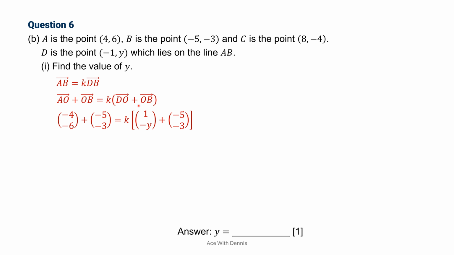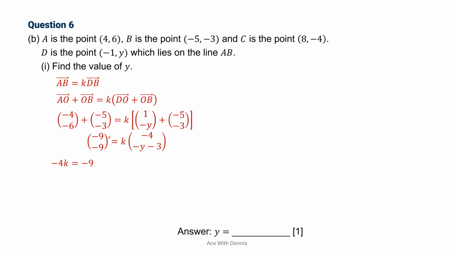The next one, again vector OB is (-5, -3), same as this. After that, we will simplify these vectors. We combine this together, -4 plus -5 gets -9, -6 plus -3 is -9. Same for this bracket, 1 plus -5 is -4, -y plus -3 is -y minus 3.